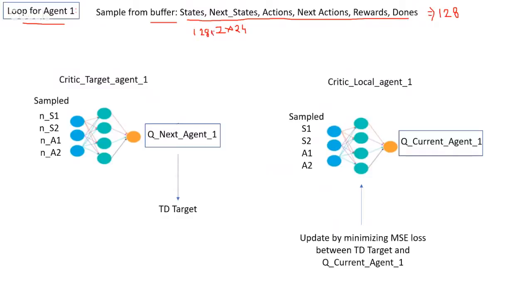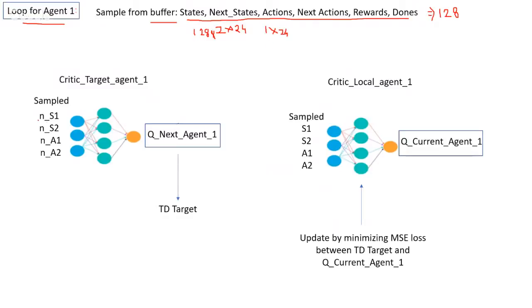But I will only discuss the very first experience. So 1 by 24 for each agent, as we previously saw.